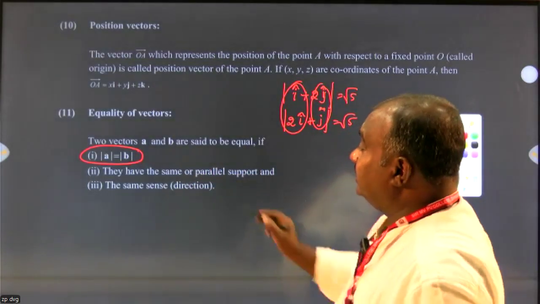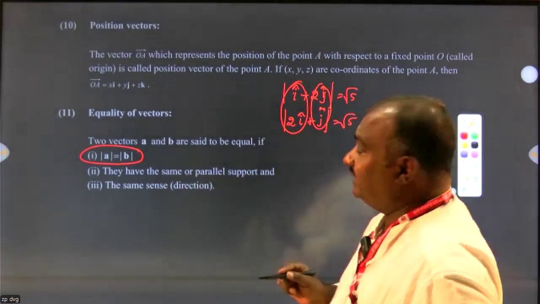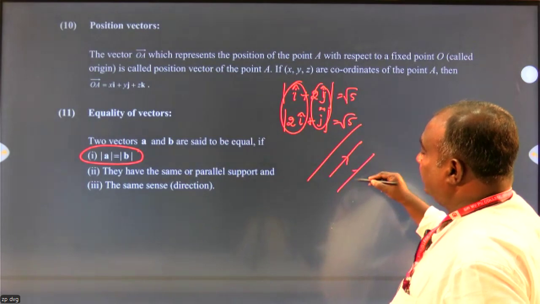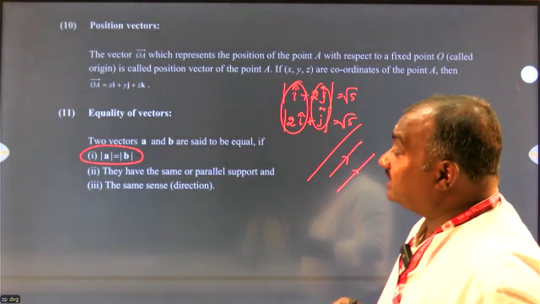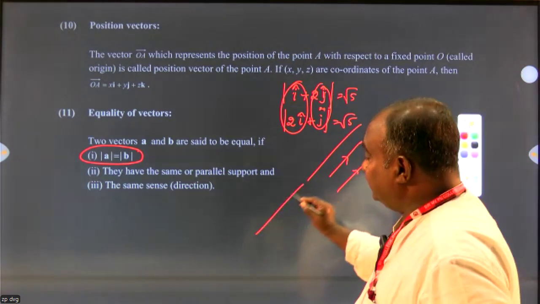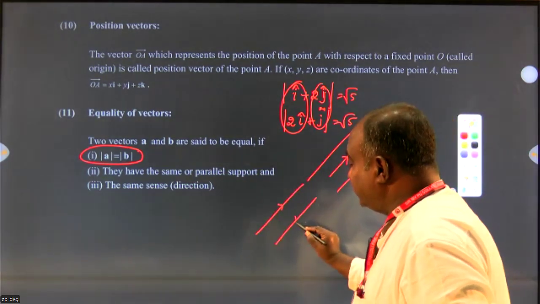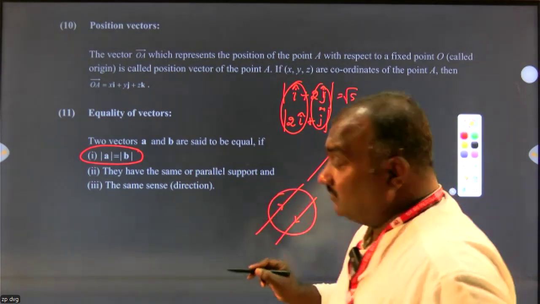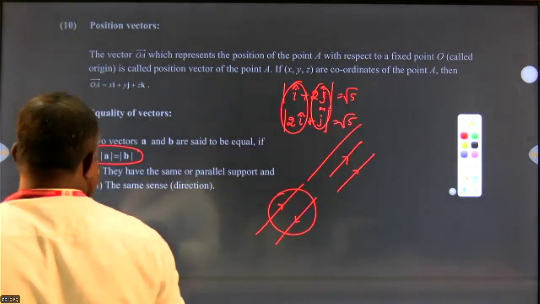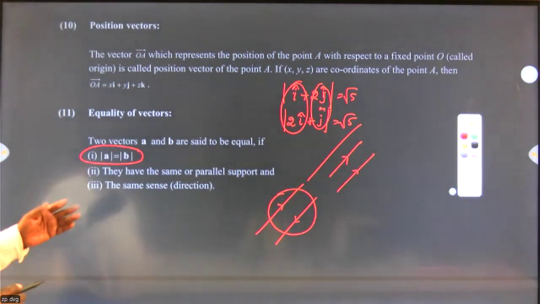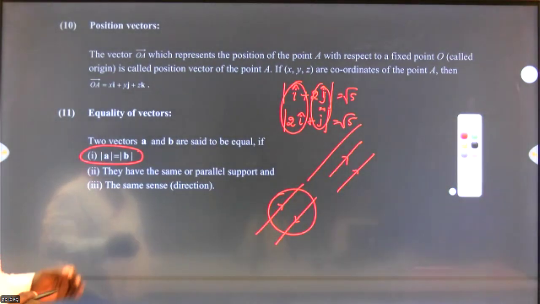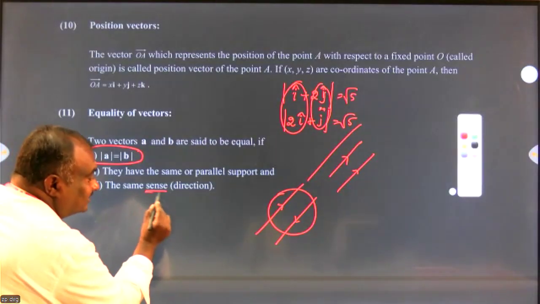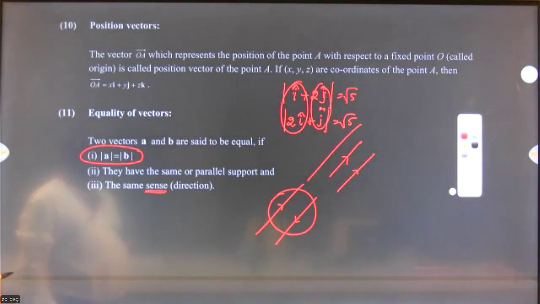What is the second condition? They have the same or parallel support line, and they have the same sense. For example, if this is in one direction and this is in the other direction, they are not equal vectors. In vectors, the most important thing is direction. Be careful. The words sense and direction are both the same.